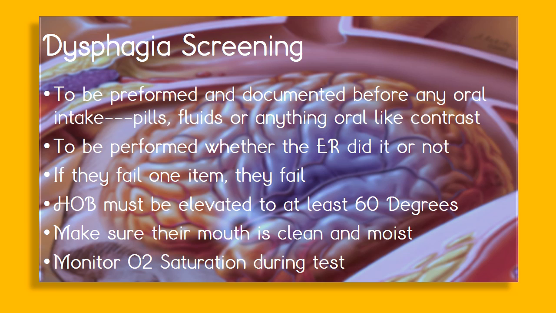In 4 West, 5 Central, wherever these patients are admitted to, they must have it done. Even if the dysphagia screening was done in the ER, we should do another one before we give them anything by mouth. If they fail one item on the dysphagia screening, they fail everything. You don't have to go any further.